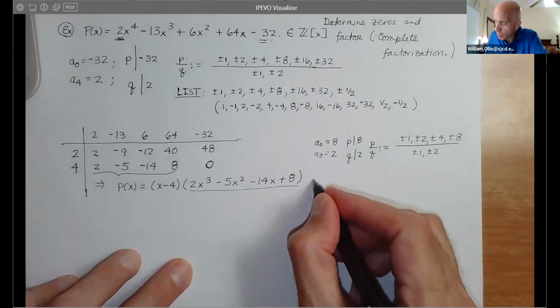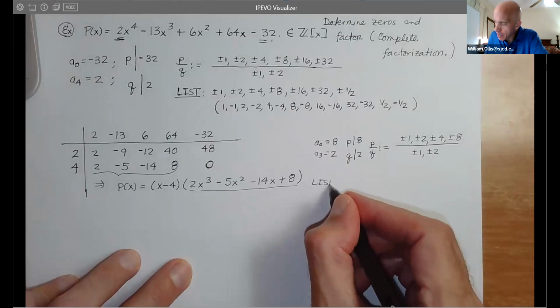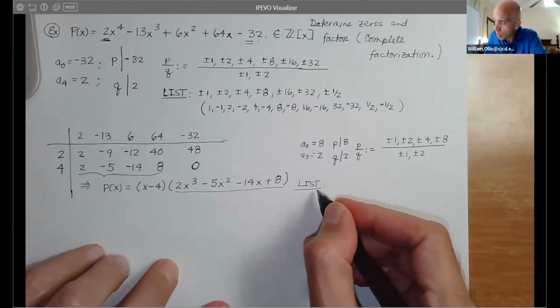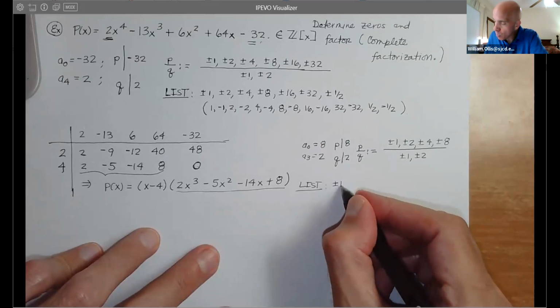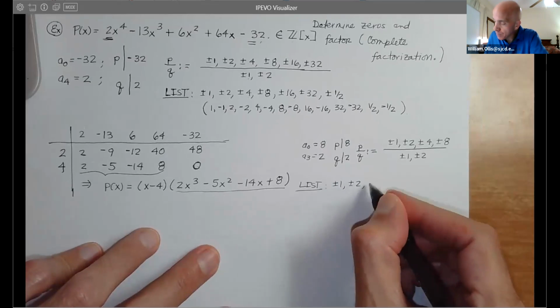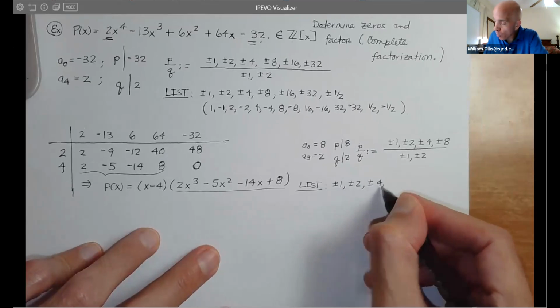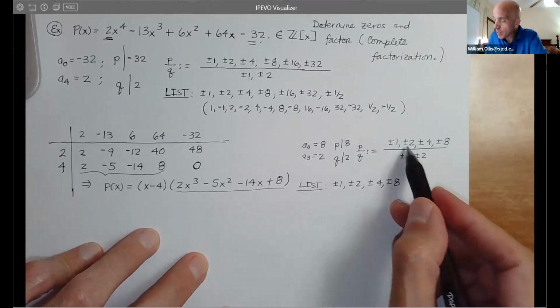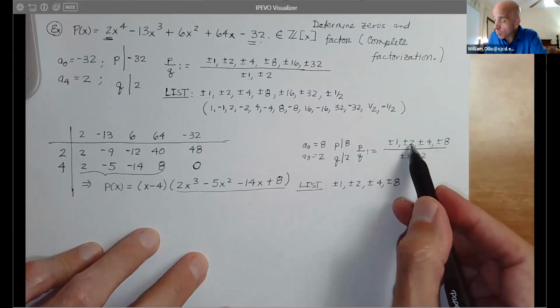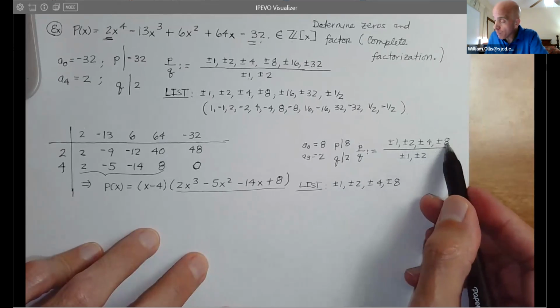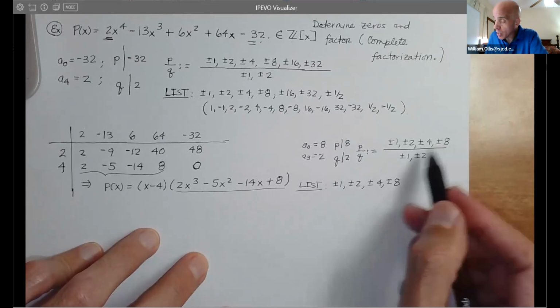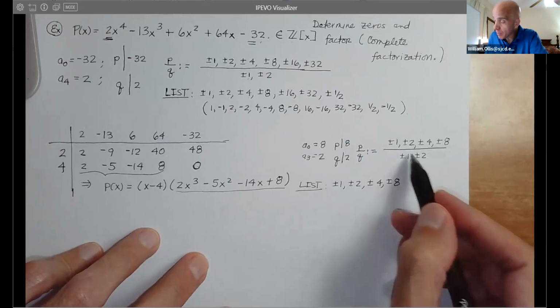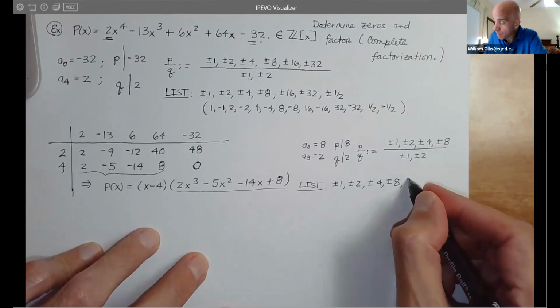So we can go ahead and write a list. Divide everything by plus or minus 1. We just get plus or minus 1, plus or minus 2, plus or minus 4, and plus or minus 8. And then by the same token, if we divide all these by 2, then we get the 1, the 2, and the 4. So we're done. We've already got those right here, but then the 1/2, again, is something new.